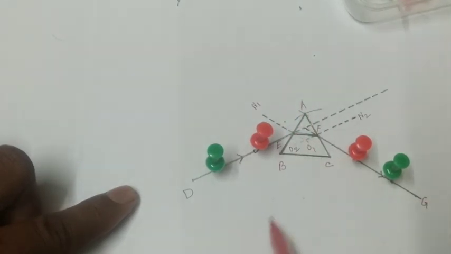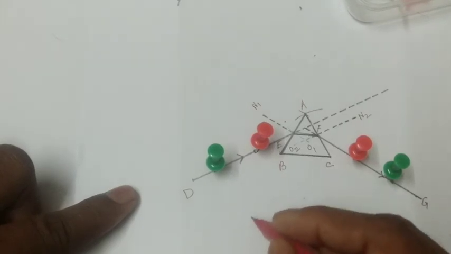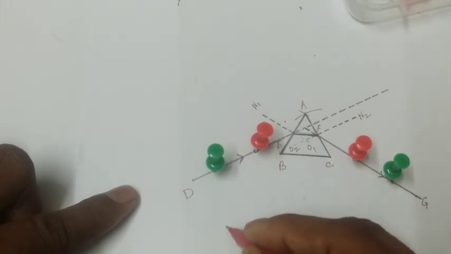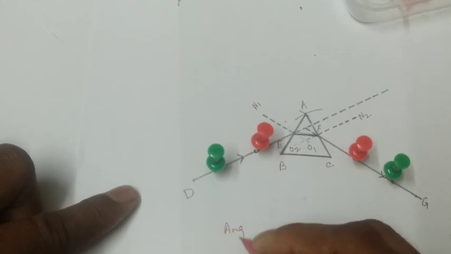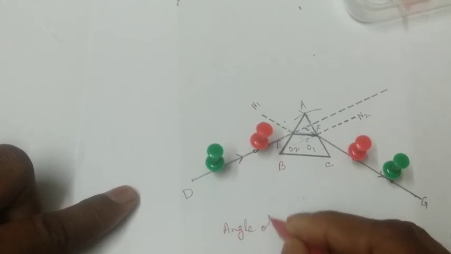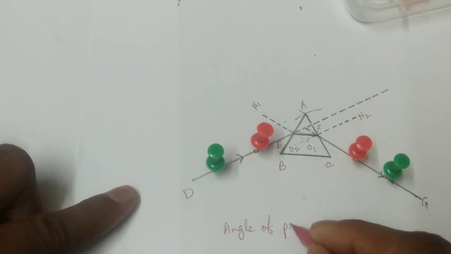Now what we got: angle of prism is equal to 60 degree here.